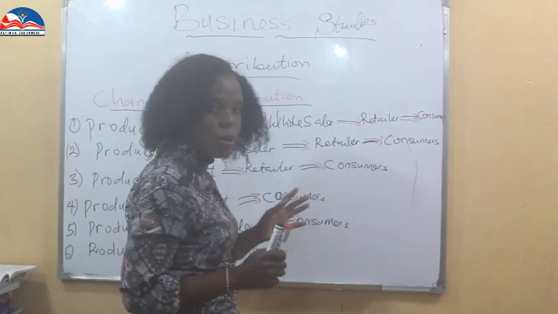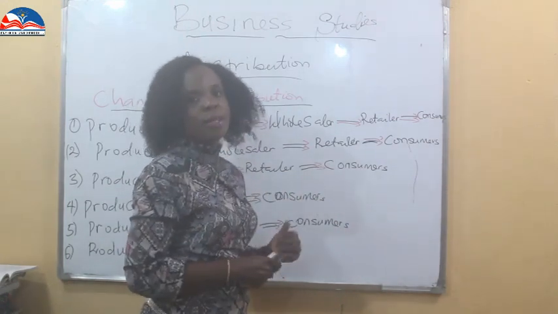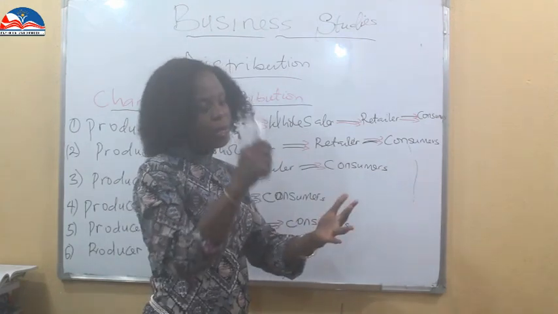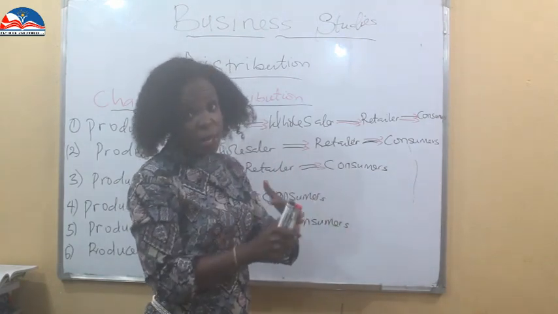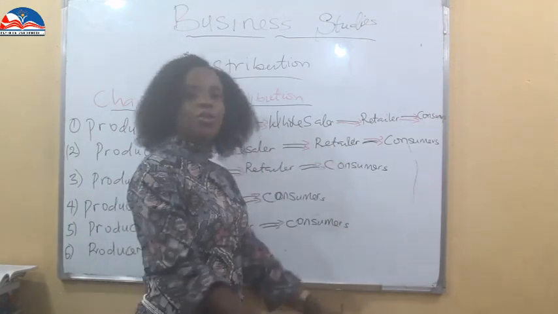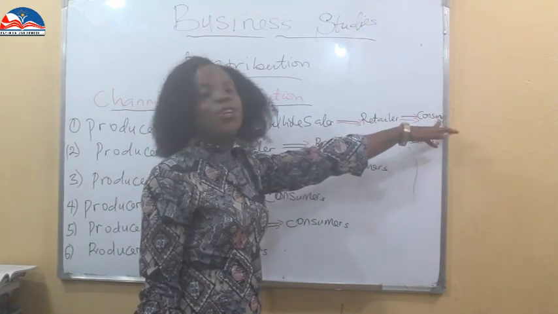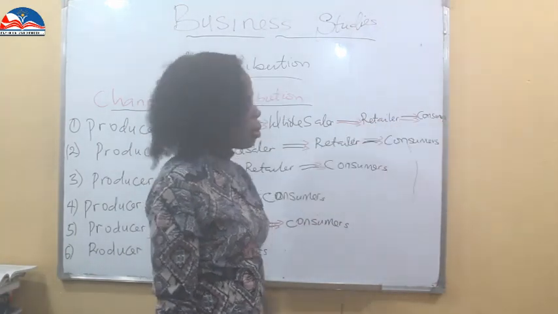We have 5 chains that are connecting them: the producer, the agent, the wholesaler, the retailer, and the consumer, who is the final end user of these products.